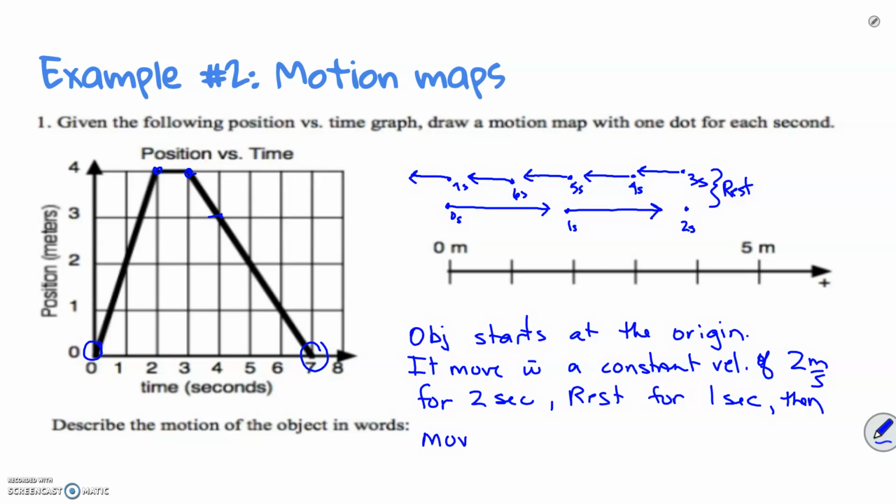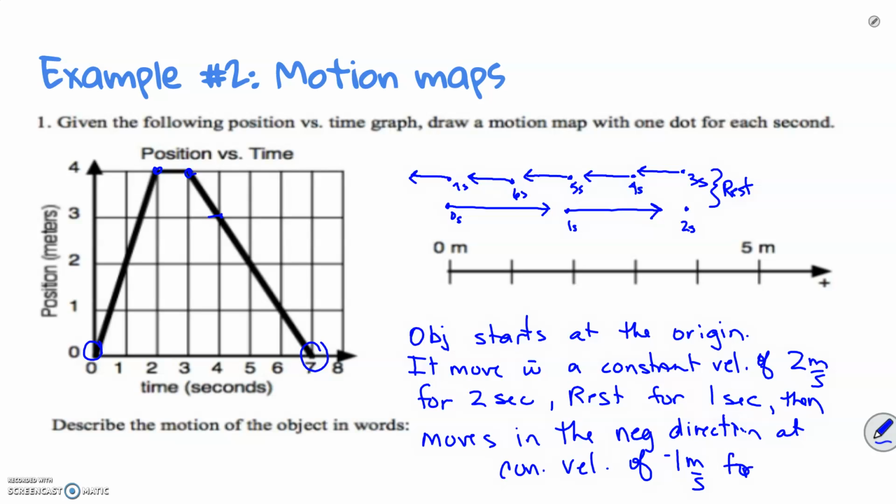Then it moves in the negative direction at a constant velocity of a negative 1 meter per second for 4 seconds.